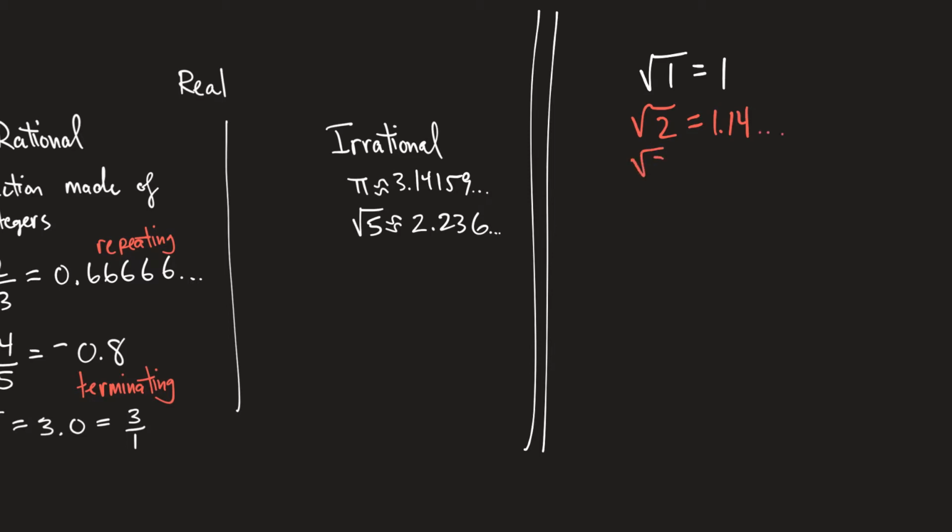The square root of 3, I have no idea, is 1.732 and so on. But the square root of 4, I know, is 2. The square root of 5, I said that earlier, is 2.236. And when I say equals, I mean about.